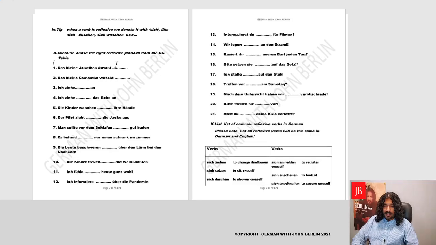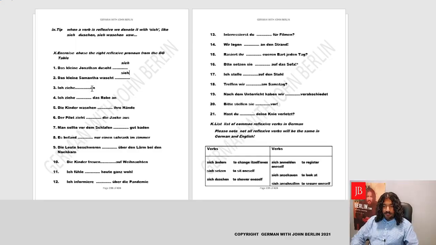We need to say itself. Yes, so it'll be sich. Okay, accusative sich. Das kleine Samantha wäscht. The little Samantha washes herself. Again, das kleine Samantha. Whom does she wash? Herself. It's a little Mädchen, so it'll be itself. So sich. But doesn't make a difference.